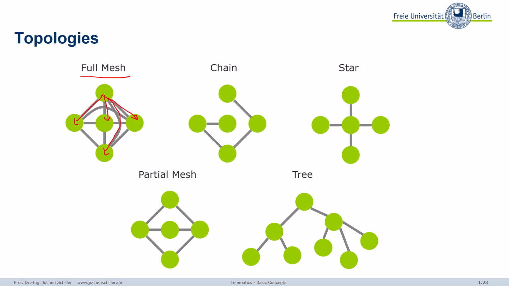Okay, what else? Just to contrast that, we have a chain of nodes. So you see, to reach maybe node X from A, we have to forward data along the whole chain. Well, chains are cheaper. Just compare the number of links between the fully meshed network and the chain topology. So it's cheaper.